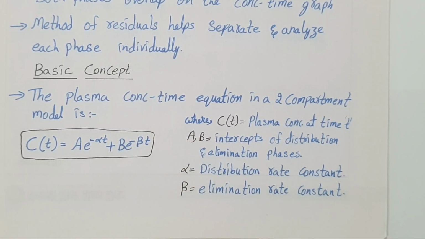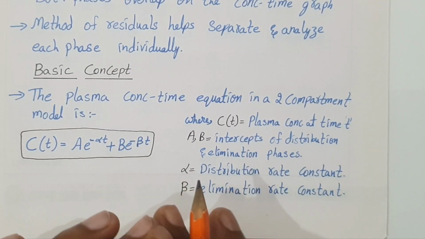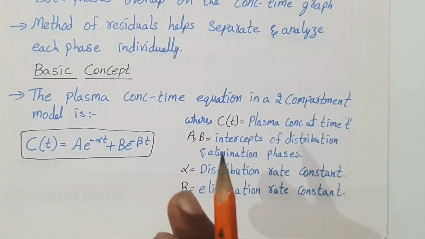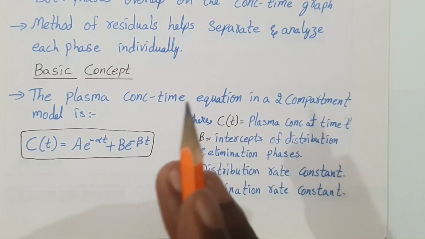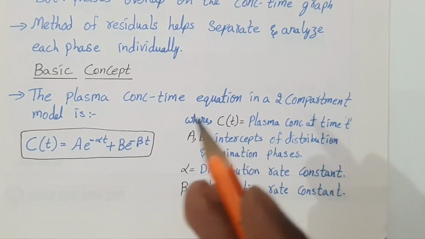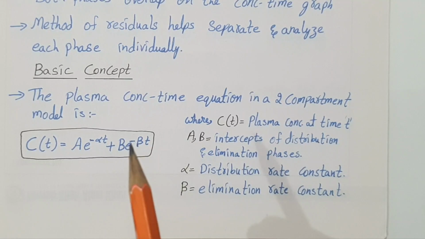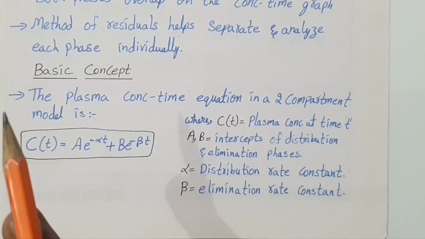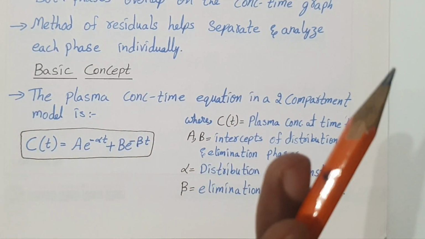After IV bolus, the drug enters the central compartment, then it distributes into peripheral tissues. After distribution, elimination mainly occurs from the central compartment. So the plasma drug concentration versus time shows an exponential decline.